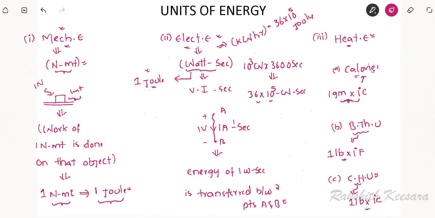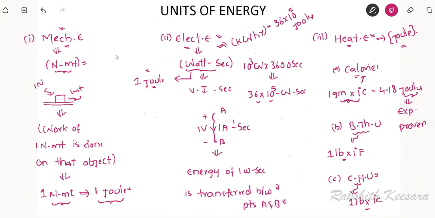The important point here is 1 calorie is equal to 4.18 joules, and this is experimentally proved. So generally we will express heat energy in the form of joules. Is this okay?